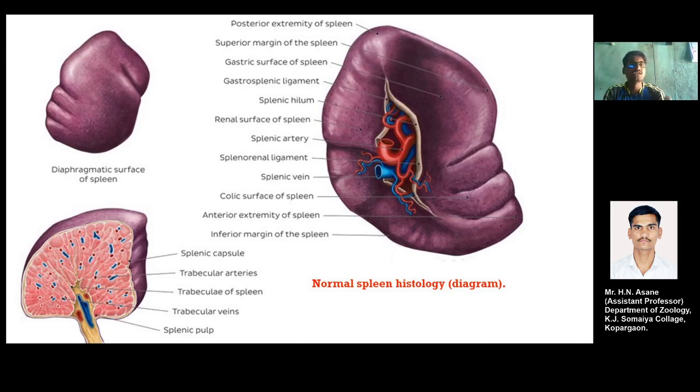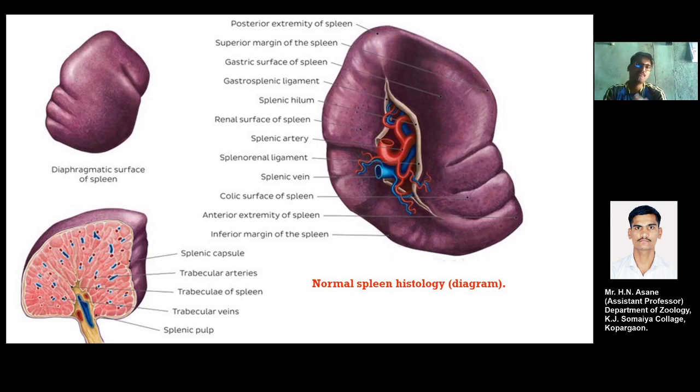From the back side, there are numerous capillaries and veins, the portion where blood enters and the portion where blood leaves, so the oxygenated and deoxygenated blood supplies are separated here.